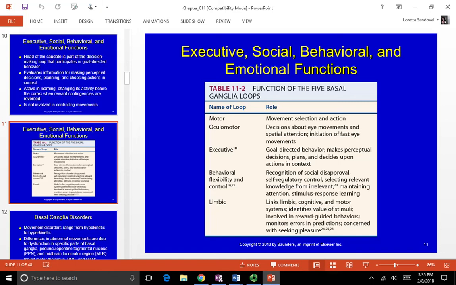It's involved in reward-guided behaviors. So you might say, well, the limbic loop might be participating in that decision to stop and not run over the bicyclist, or make roads safe for bicyclists. Okay, so in the next section we are going to start to talk about basal ganglia disorders. Very interesting.